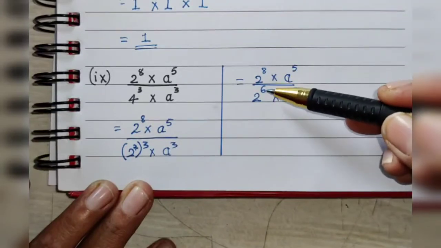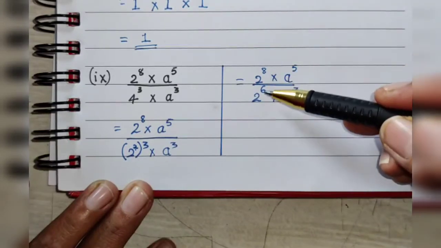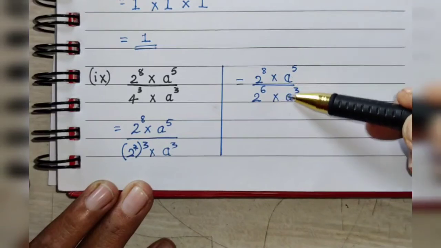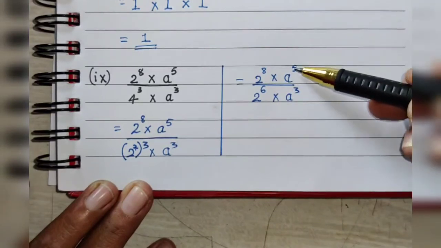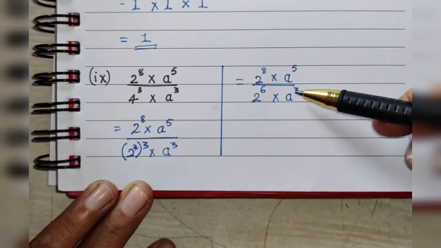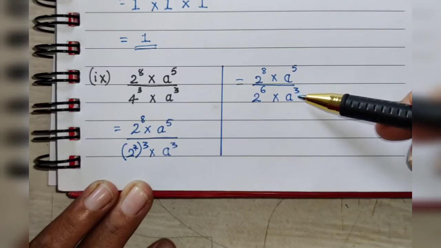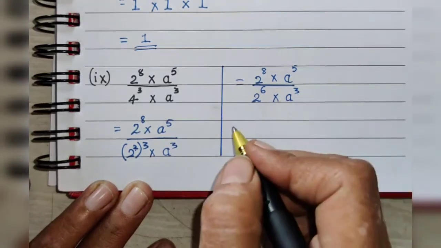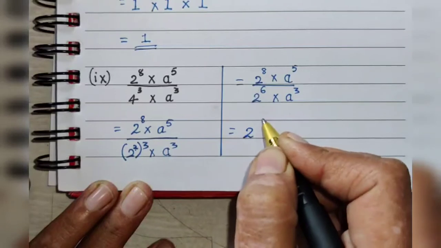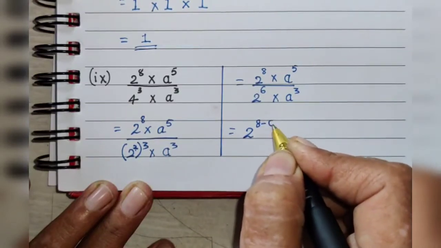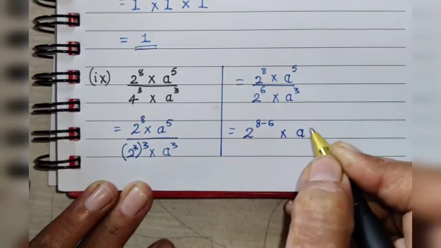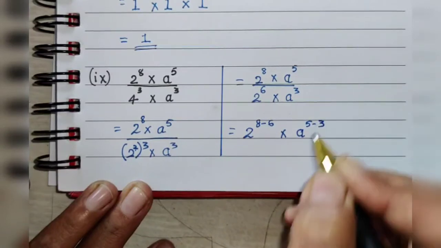So 8 minus 6, numerator's power minus denominator's power. Okay, and a bases are same. So the numerator's power 5, we will subtract 3 from it. So minus 3. So let us do it. It's 2 to the power 8 minus 6 multiply a to the power 5 minus 3.